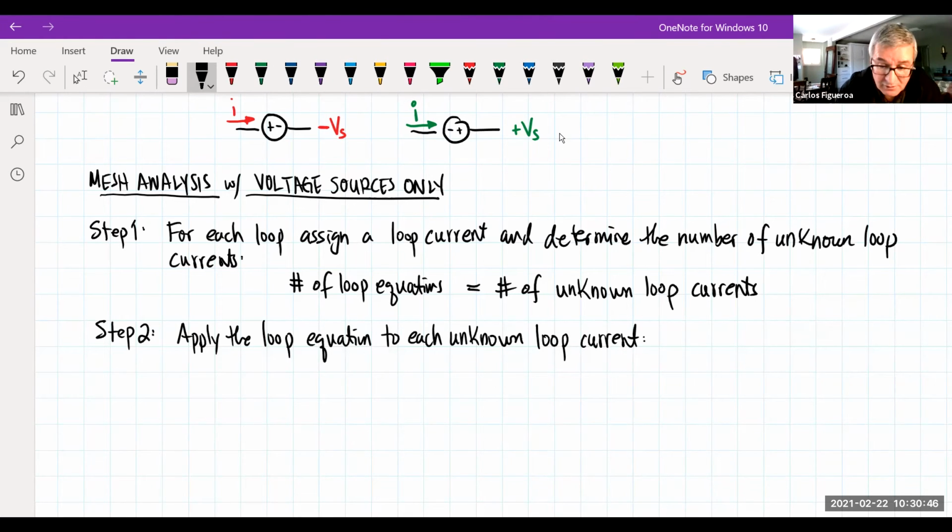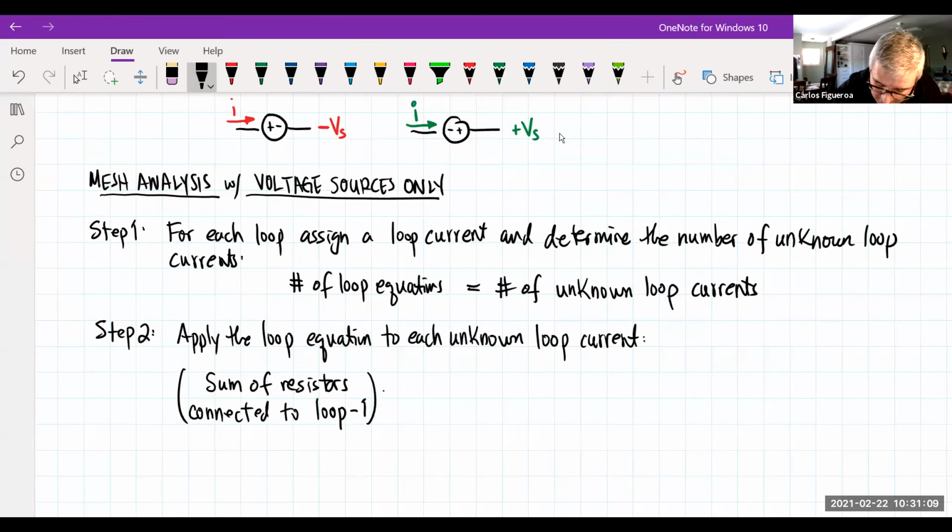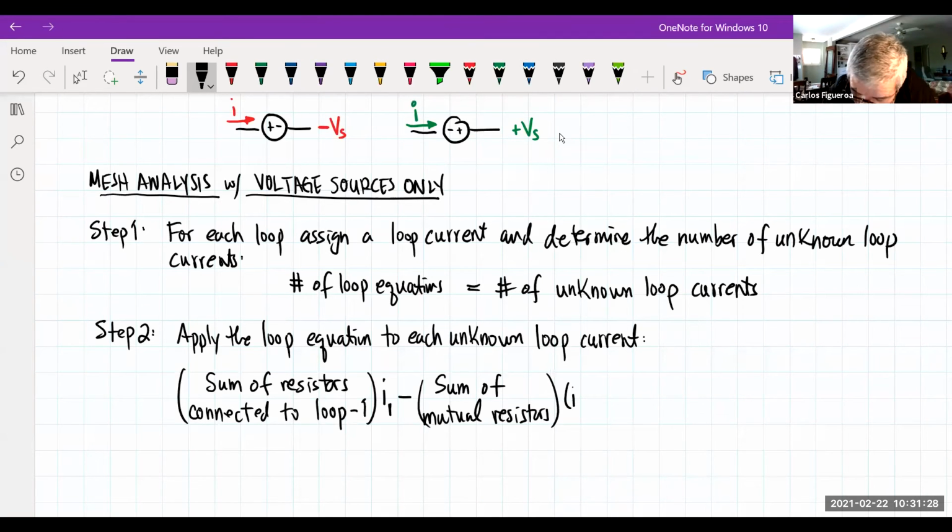So if I do that, it's going to go like this here. It should be the sum of resistors connected to loop 1 times that loop current, minus the sum of mutual resistors connected to mutual loops, however many they may be.